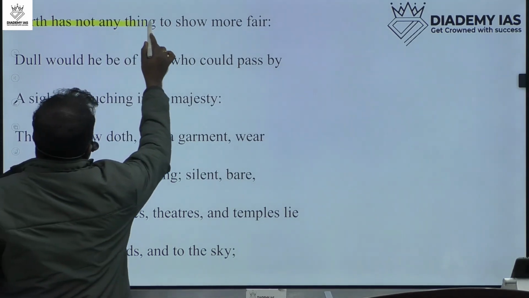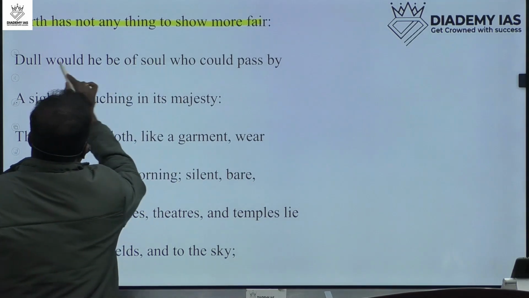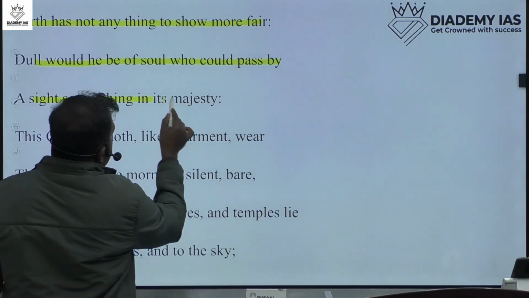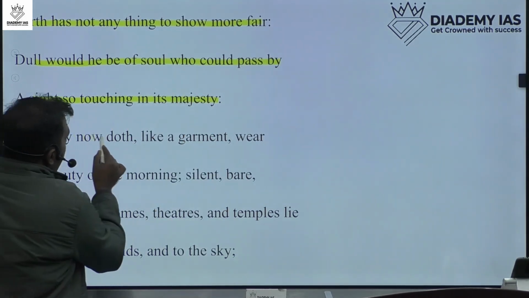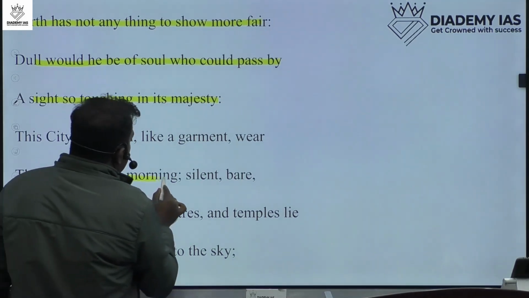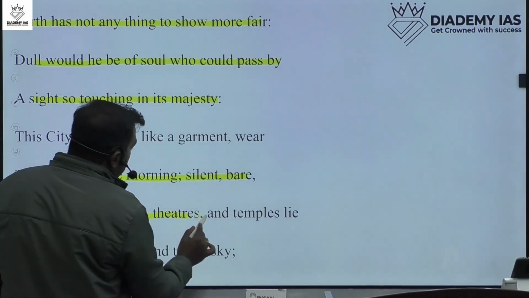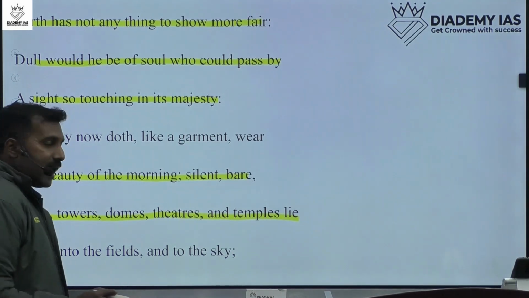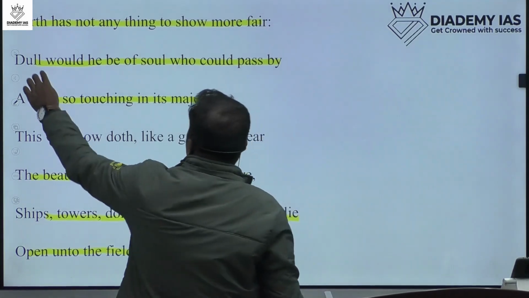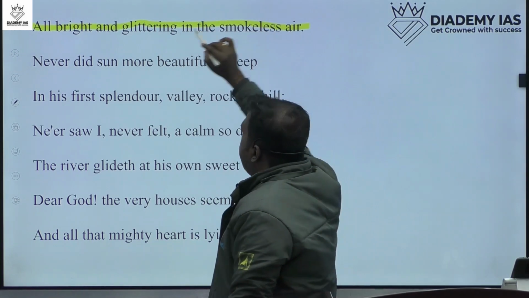Okay, so let's start reading this poem. Earth has not anything to show more fair. Dull would he be of soul who could pass by a sight so touching in its majesty. This city now doth like a garment wear the beauty of the morning; silent, bare, ships, towers, domes, theatres, and temples lie open unto the fields and to the sky, all bright and glittering in the smokeless air.